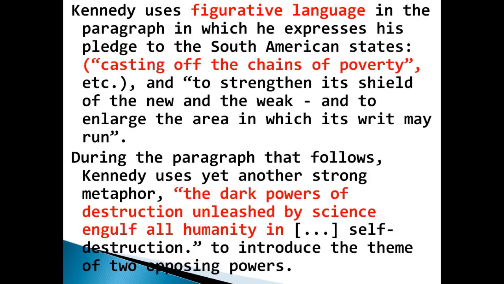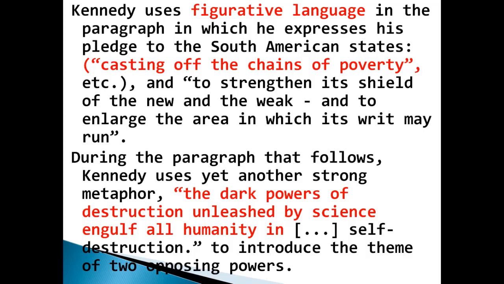Kennedy uses figurative language in the paragraph in which he expresses his pledge to the South American state. Pledge means oath or sworn. Casting off the chains of poverty means that we want to get rid of the poor condition.